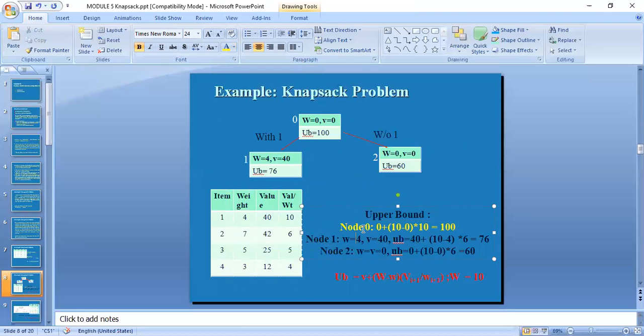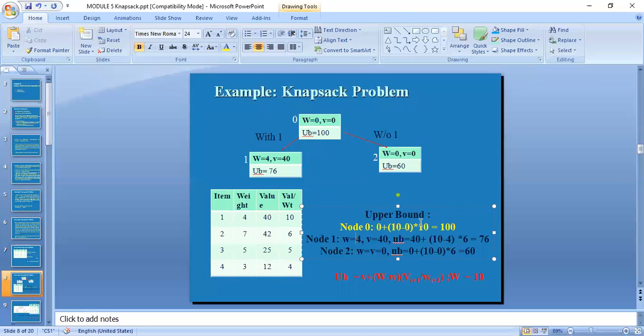What is the value? The value is 0. What is the remaining capacity? The remaining capacity is the total capacity, 10, minus the weight of this particular node. Here in the root node, we are not considering any items, so the weight and the value will be 0 respectively.